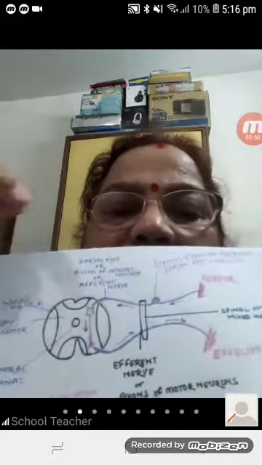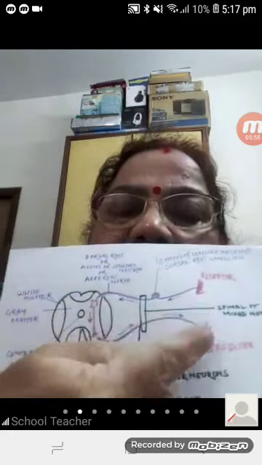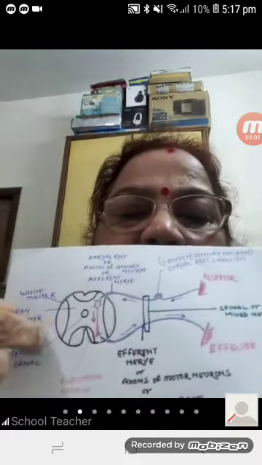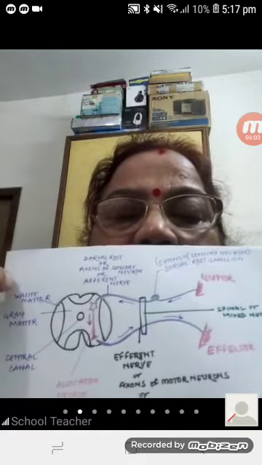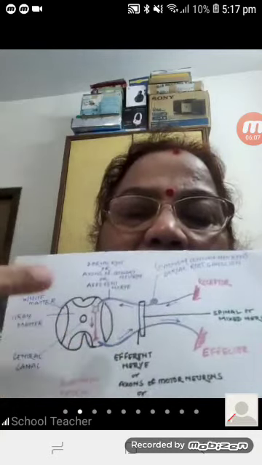Okay, this is a reflex arc. Diagram is clear. The arc will be made, it can be from both the sides. Here also. This side also. But we are going to talk about from one side only.